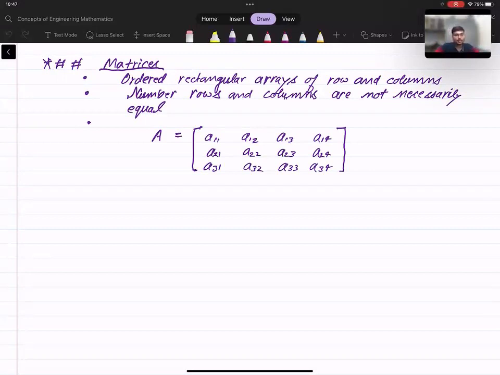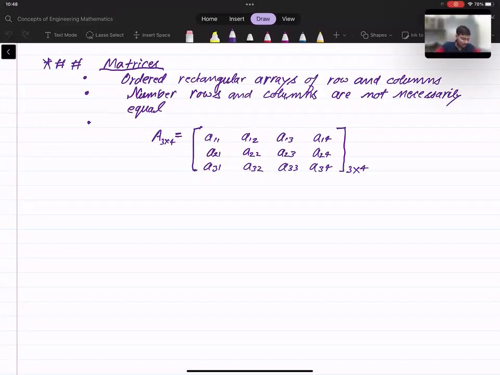So this is a matrix, and again here we can write the order of the matrix. Firstly, the number of rows is written and then followed by columns. So this will be a 3 by 4 matrix. There are 3 rows and 4 columns here. So A is a 3 by 4 matrix. This is how it is denoted.